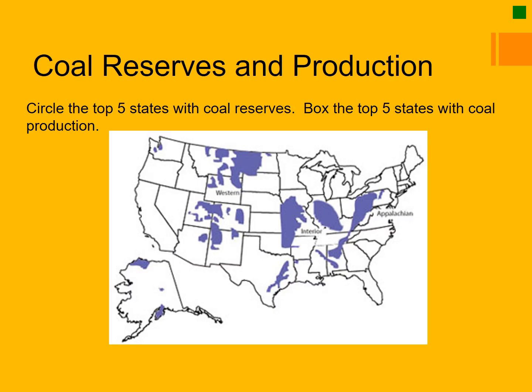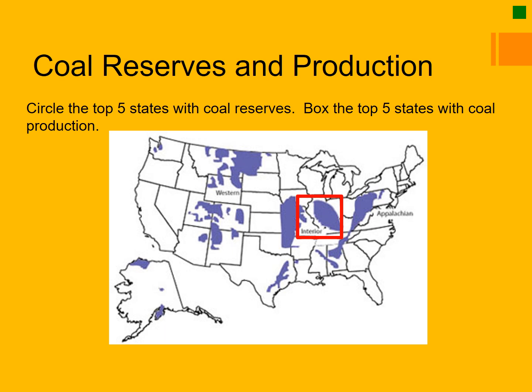All right, so let's circle the top 5 with coal reserves. Remember, with coal reserves, you're talking about Montana, Illinois, Kentucky, that's not Illinois by the way, that is Kentucky, Wyoming, West Virginia, and then you've got Illinois. Those are the reserves, the ones that actually have it buried underneath, so you're looking at the blue for this image.